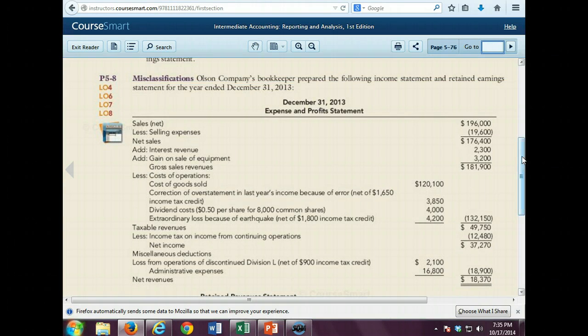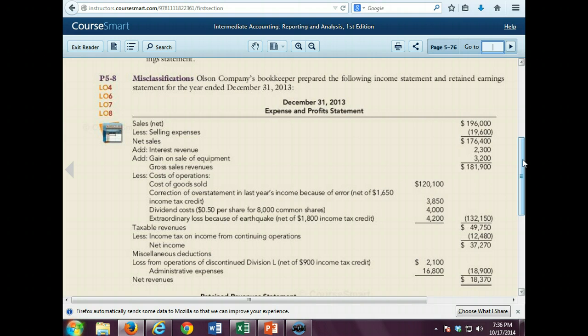Olson Company's bookkeeper prepared the following income statement and retained earnings statement for the year ended December 31st, 2013. So we see our sales net, then they show us less selling expenses, equal net sales.